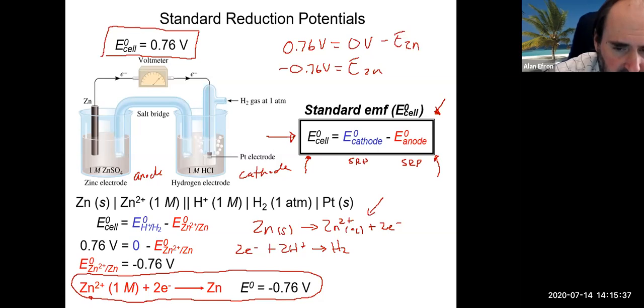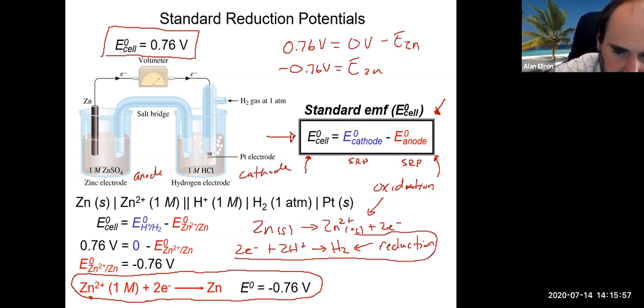This reaction here, which is our anode reaction, is really an oxidation reaction, right? And this one written like this is our reduction reaction, which means that technically if we went to the table, we would see this reaction, and it would have an SRP value, an E value for it, right? Which is 0, by the way.